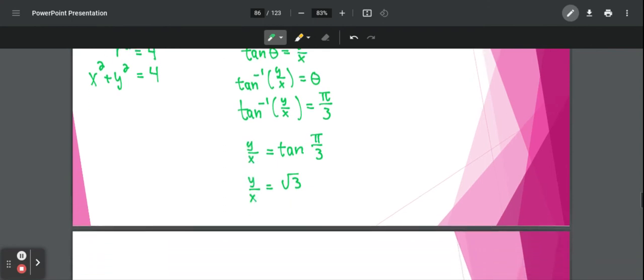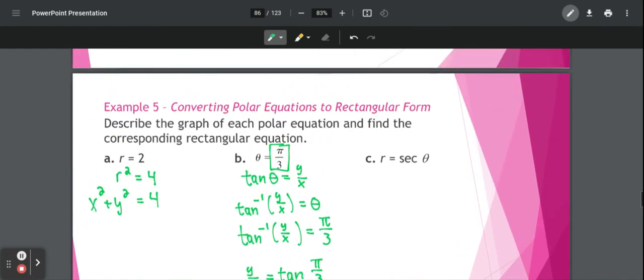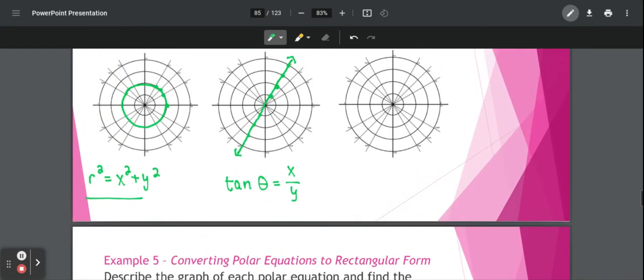Right, so then if we solve for y, we get y equals root 3 x, which is a diagonal line with a slope of root 3 through the origin. And if we go back up here and fix this one, y over x, that's that line that we graphed.